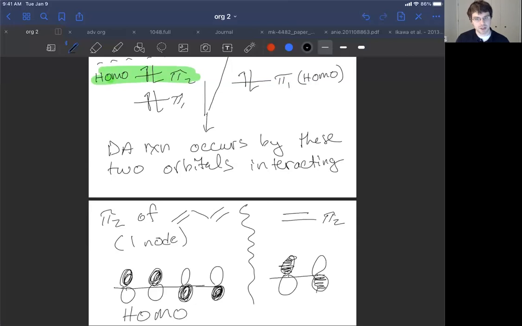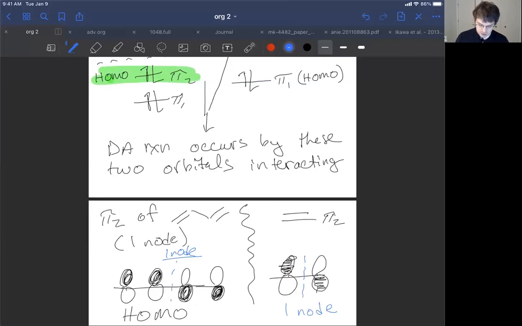I want you to pay attention to how the electrons fill these orbitals so that we can understand which is the HOMO and LUMO, because those are the things that interact. What's HOMO and what's LUMO is more important than how many nodes it has. In these cases, they both have 1 node, and that allows me to get a baseline for the shading without doing a whole bunch of quantum mechanics.